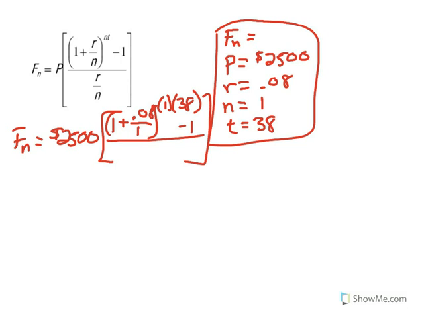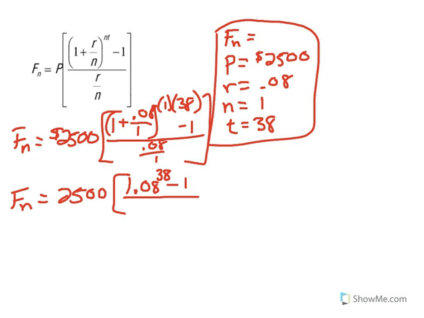And divide that by 0.08 divided by 1. Without a calculator, we can get this a lot simpler here. 0.08 divided by 1 is 0.08. 1 plus 0.08 is 1.08. 1 times 38 is 38. So we got 1.08 to the 38 minus 1 divided by 0.08 divided by 1, which is 0.08.